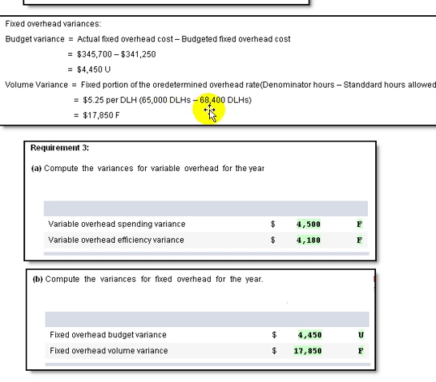Now we're favorable here. Since 65,000 direct labor hours was less than the 68,400 direct labor hours at standard, we multiply that times the 5.25, that predetermined fixed overhead rate we already calculated, and we come up with 17,850. And that gives us our fixed overhead volume variance.